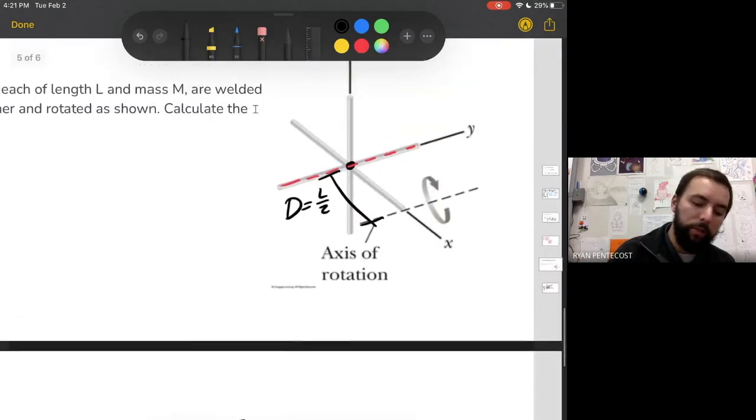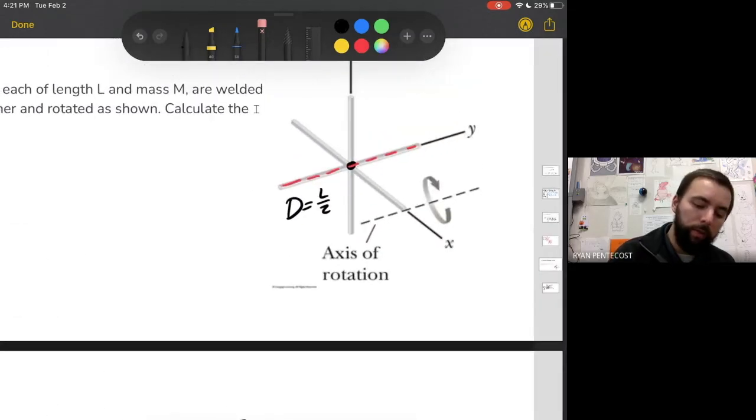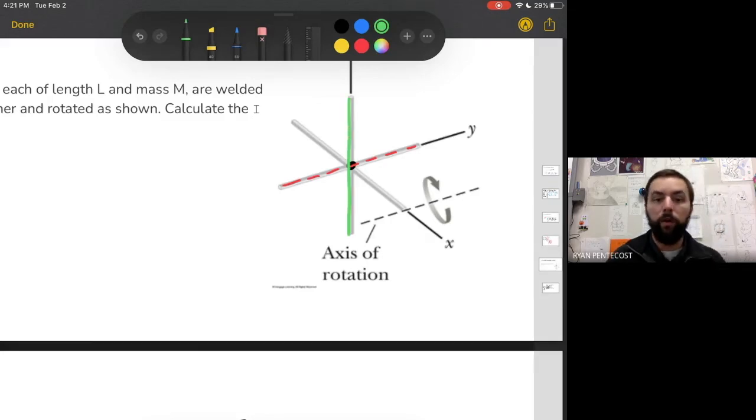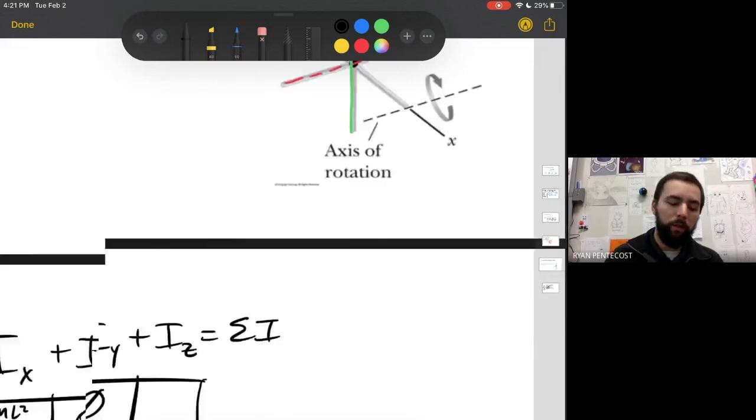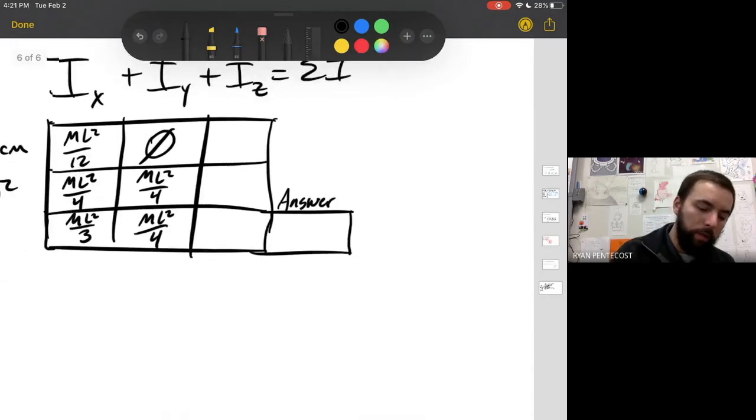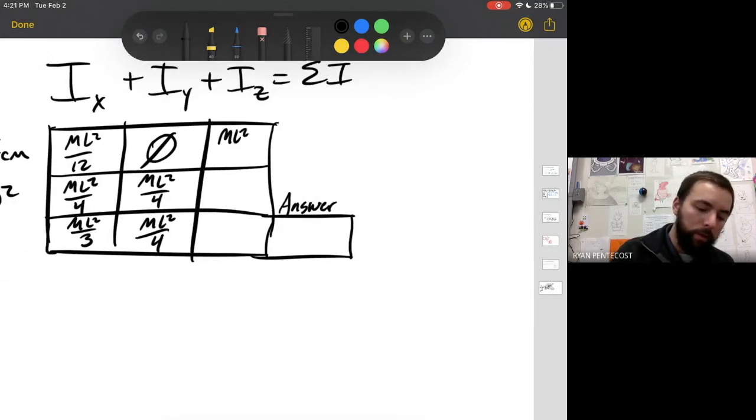Now this last one is going to be very similar to the x. The z-axis is right here. That's where the z-rod is going to be. And that is 90 degrees, so we can say that that is just like if the rod was rotating about its center of mass. So that would again be ml squared divided by 12.